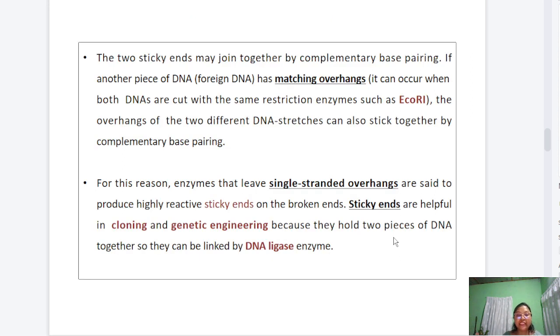So the two sticky ends may join together by complementary base pairing. Now, if another piece of DNA or a foreign DNA has matching overhangs, it can occur when both DNAs are cut with the same restriction enzyme, such as EcoR1. And the overhangs of the two different DNA stretches can stick together by complementary base pairing.